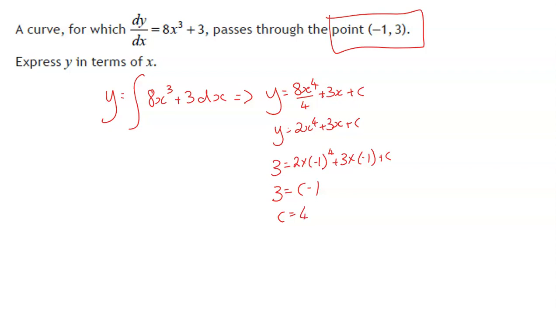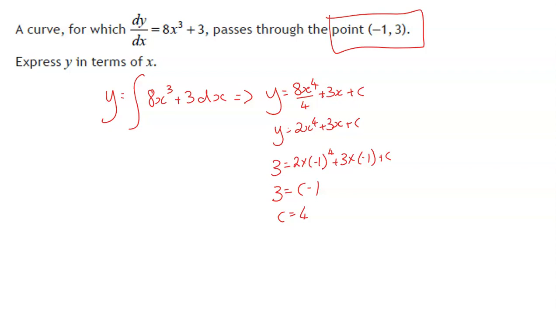So what I now have is I have now solved and got the constant of integration. So what that now means I'm able to do is determine the explicit curve of y. So I'm explicitly able to express y in terms of x. And I have to do that. It's not enough at this stage to have y written in terms of x plus a c and then figure out the c. Great, I've got all the parts.